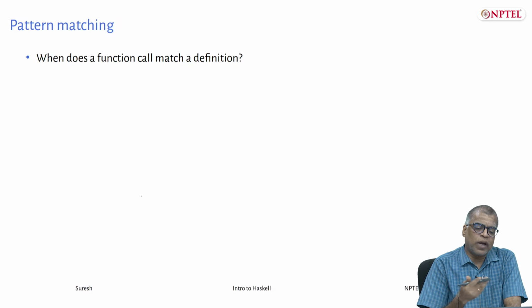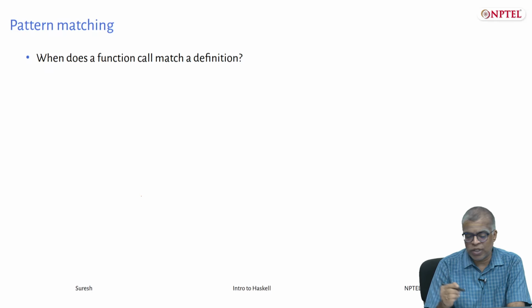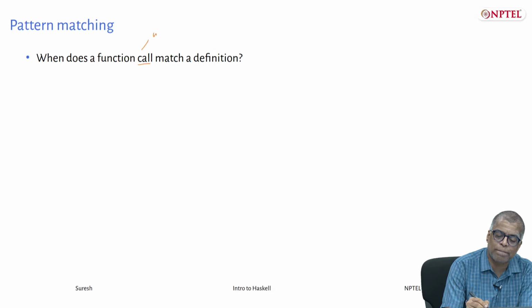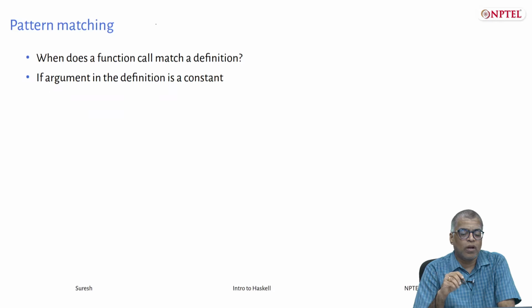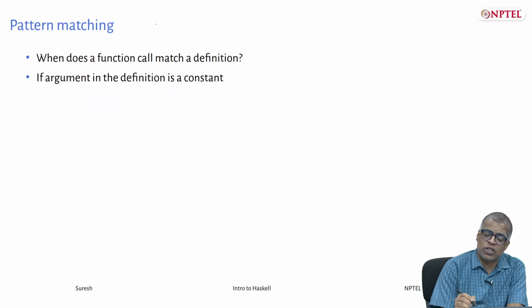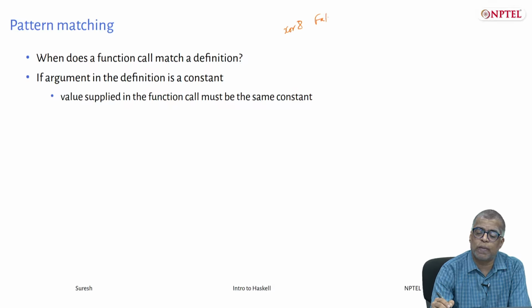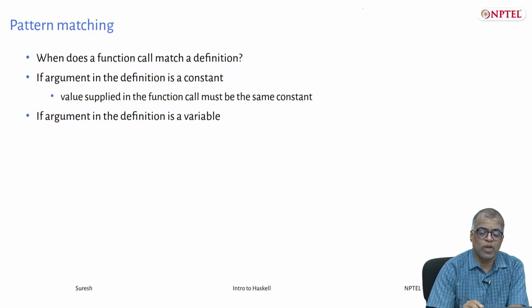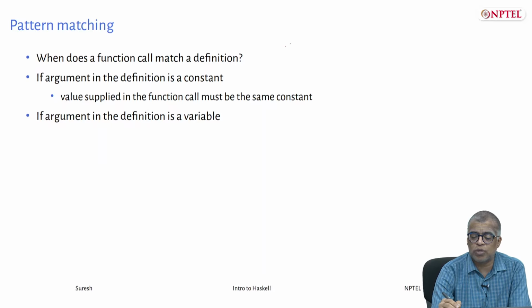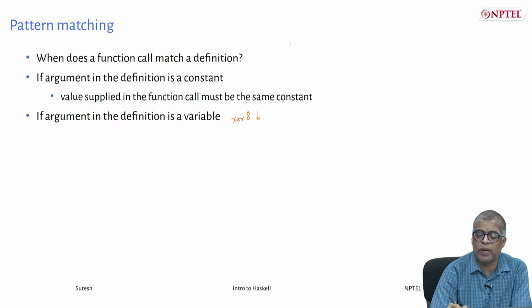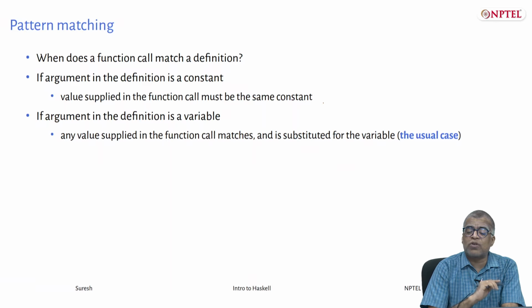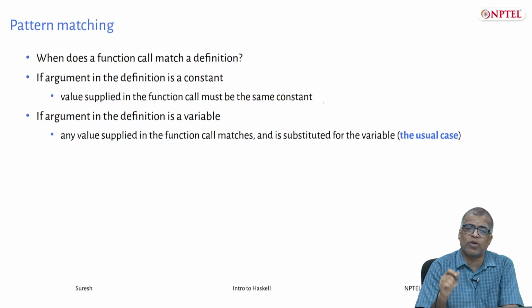So, just to make it precise, when does a function call match a definition? Function call or function invocation? If the argument in the definition is a constant, then the value applied in the function call must be the same constant. Like for instance, XOR 8 false, true. If the argument in the definition is a variable, so here this was XOR 8 b1, b2 equals false, then any value supplied in the function call matches and is substituted for the variable.